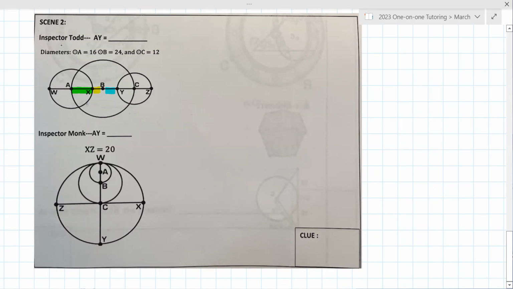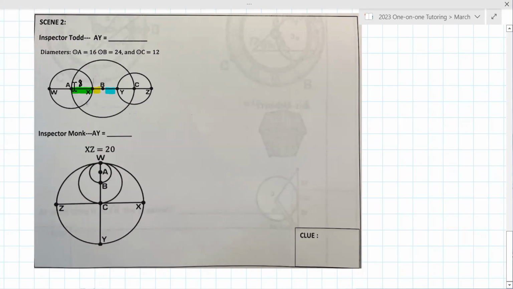So can you tell me what A to X is based on the given information? Well, A to X is 8. It is 8. And then if you just look at circle B, the distance from B to A is its radius, which is 12. Sorry, they're giving you diameters, so you have to cut that in half.